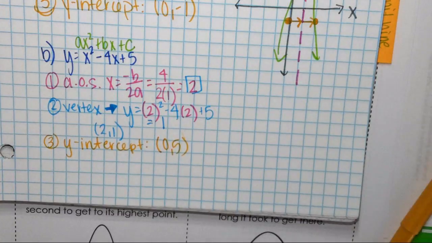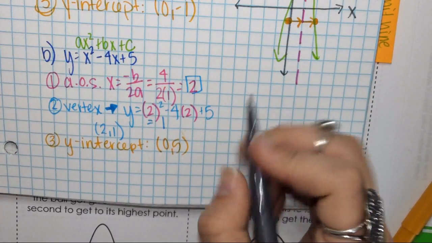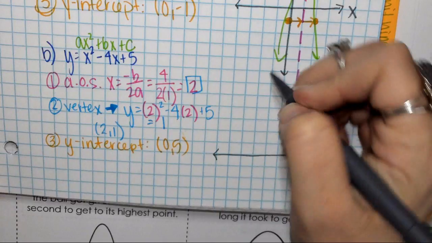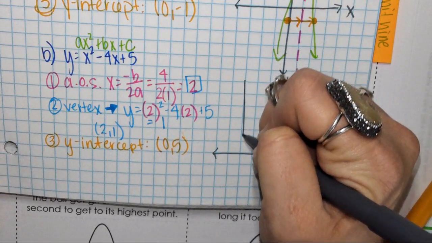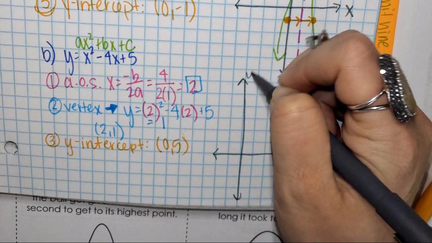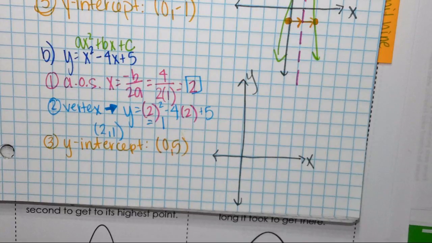Are we ready to graph? All right, let's draw our coordinate plane. We don't need any negatives on our y-axis this time, do we? All right, what do I graph first, Donnie?